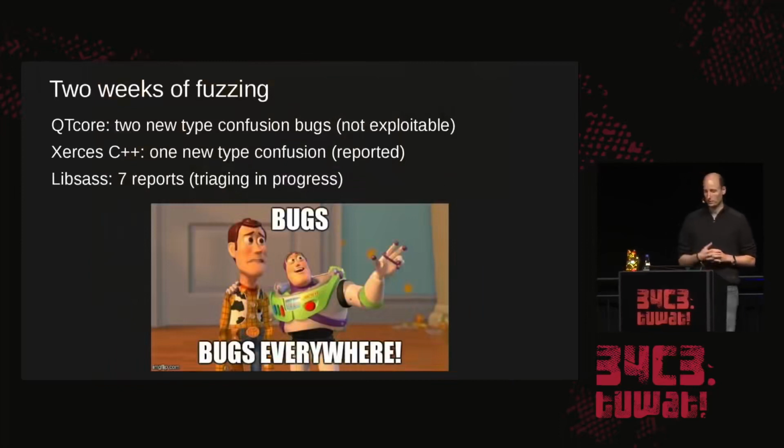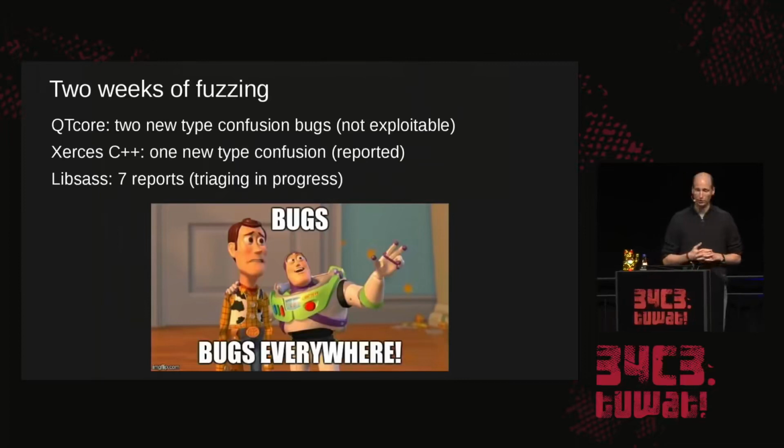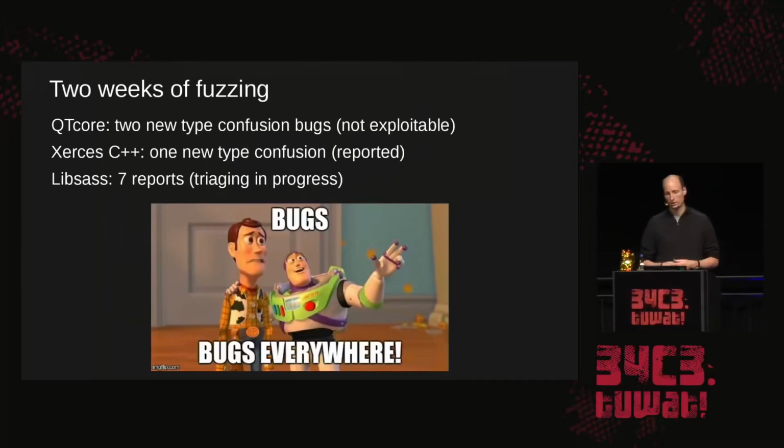So after 2 weeks of fuzzing, we found 2 new type confusion bugs in Qt core. Unfortunately not exploitable, but they've already been fixed and acknowledged by the developers. We found 1 more bug in Xerces, and we found 7 issues or reports in libsass, where we're still looking if they are exploitable or not.